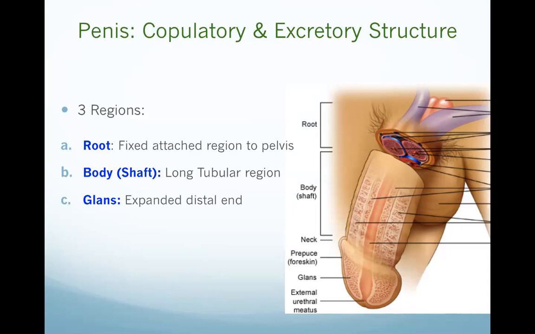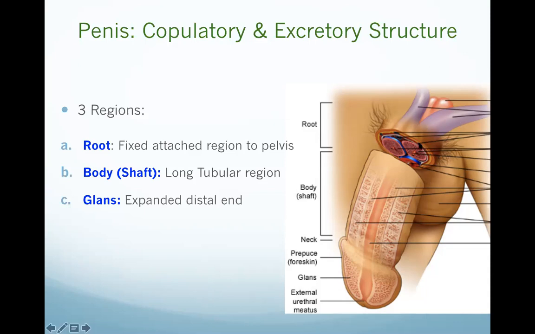The root, you can see the 3 erectile tissues. 2 are in purple and 1 is kind of in red here. They function to stabilize the erectile tissue against the pelvis. So literally your penis is attached to your pelvis with fibrous connective tissue. So that's what we call the root.